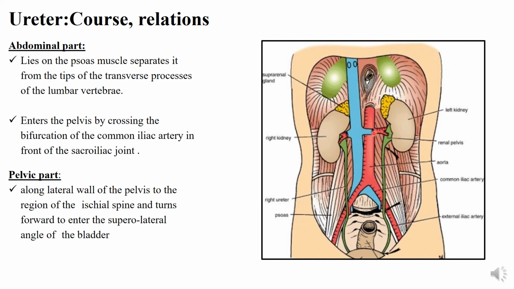The abdominal part lies on the psoas muscle, and the psoas muscle is separated from the transverse processes of the lumbar vertebrae. And as I said, it will enter the pelvis by crossing the bifurcation of the common iliac arteries, and that is in front of the sacroiliac joint.